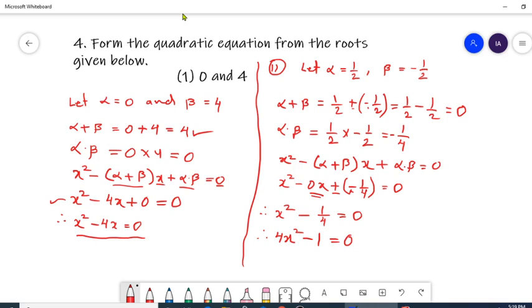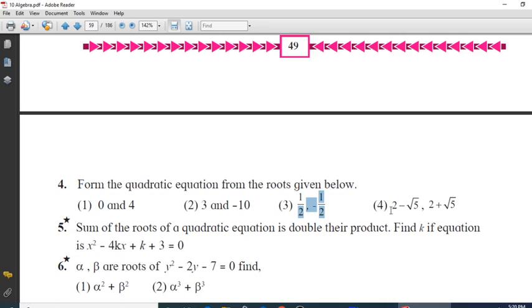So either this or this can be your final equation of the given roots. It can be x square minus 1 by 4 equals to 0, or it can be 4x square minus 1 equals to 0.